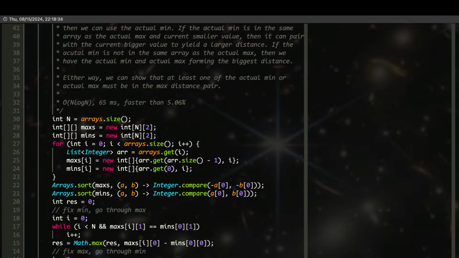Then we use the overalls and the current min max to produce the potential max distance.